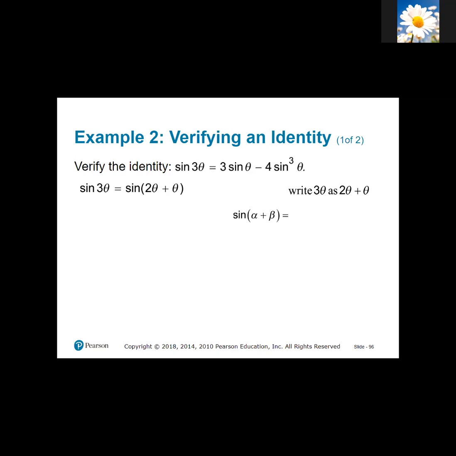It's sine of alpha times cosine of beta, plus cosine of alpha times sine of beta. There you go. Good job.